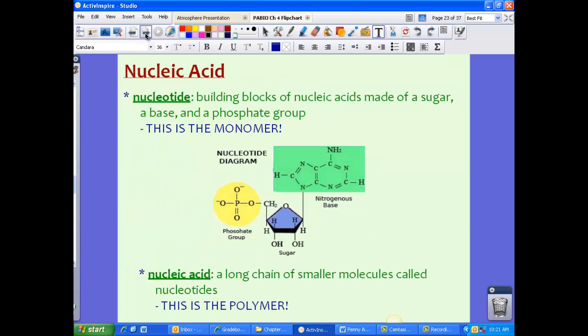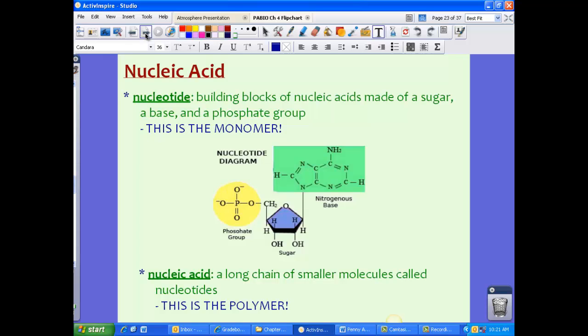And our last macromolecule we're going to talk about is nucleic acids. The building blocks of nucleic acids, I should say, are nucleotides. If you remember anything from DNA or RNA, nucleotides are those building blocks of nucleic acids. They're made of a sugar, a base, and a phosphate group.